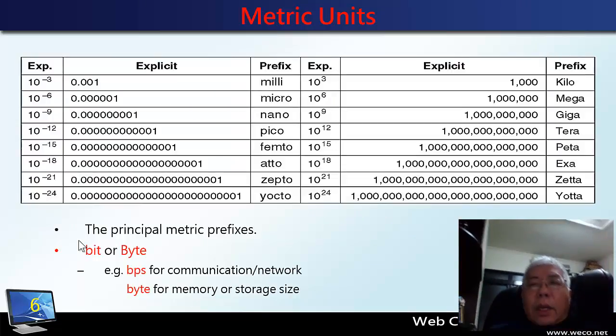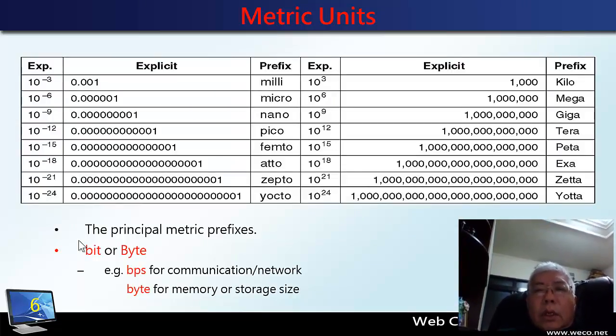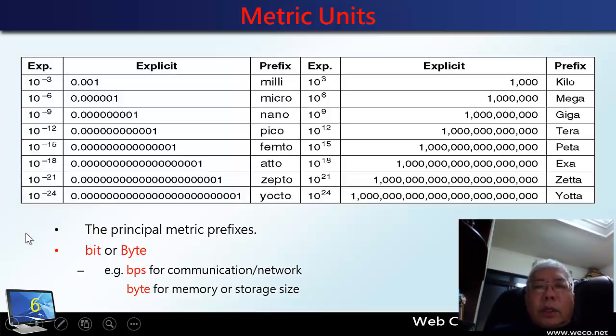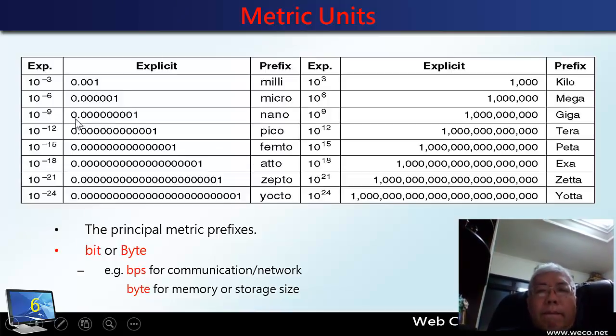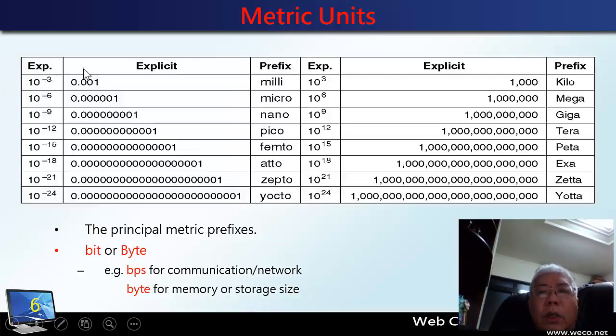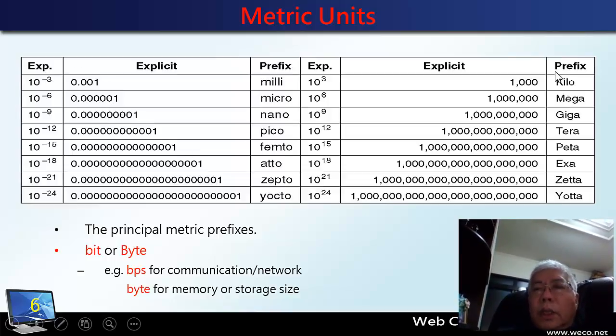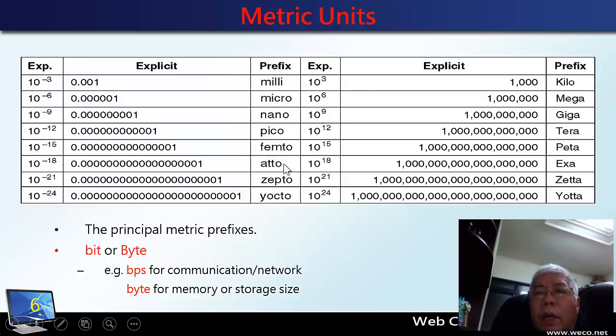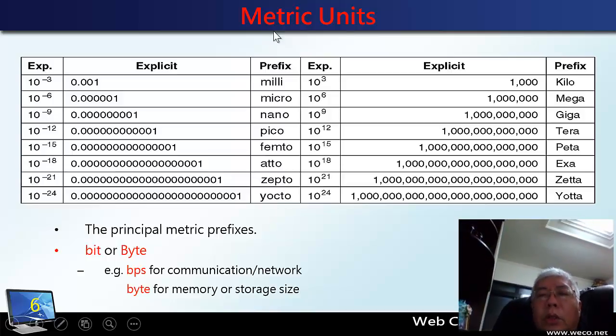And the next thing we'll look at related to a network is concerning the metric unit. So for this prefix and this very small unit, and then for this very large units, so for example, milli, micro, nano, pico, femto, atto, zepto, yocto.